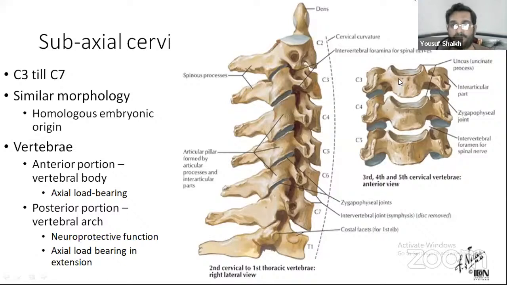They have a body, they have a lateral mass, upper and lower articulating facets, a neural foramen, as well as the space for intervertebral disc. This represents the intervertebral foramen for the passage of nerve.